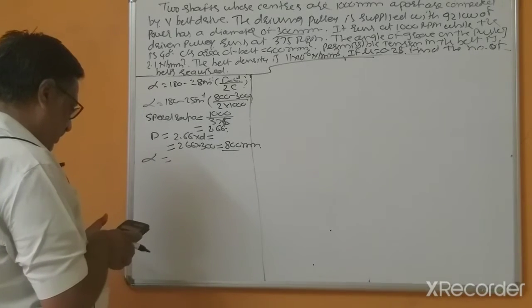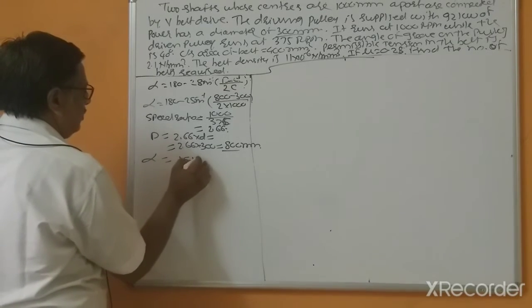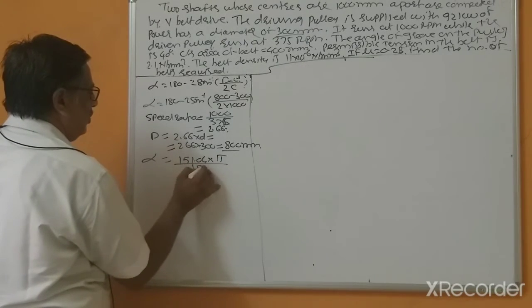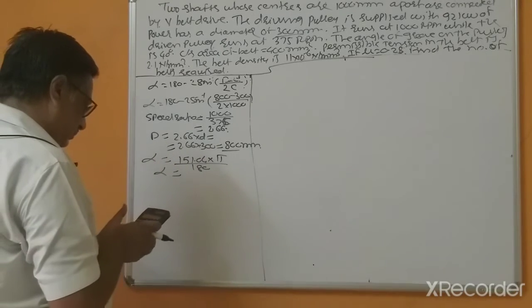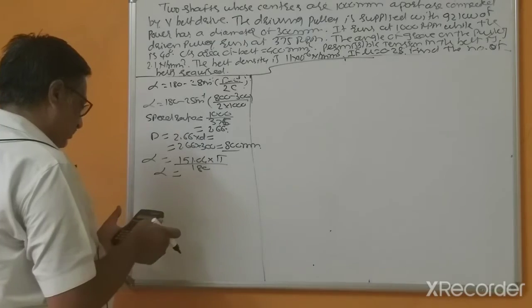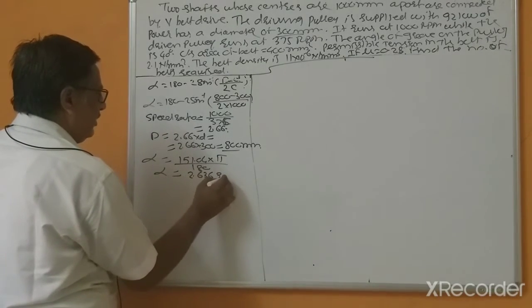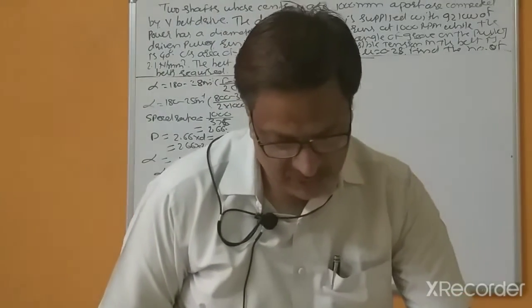This is equal to 151.04 degrees, multiplied by pi divided by 180, alpha equal to 2.636 radian. Again I will face the same problem, so I will check.